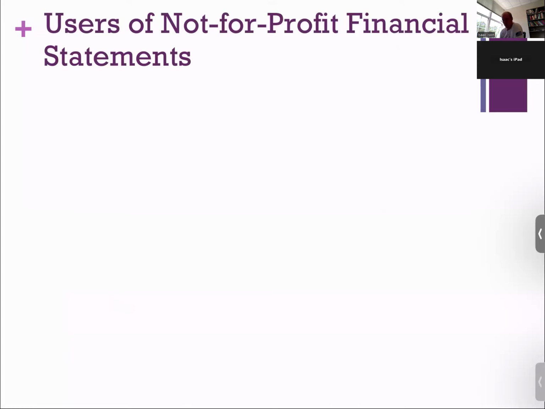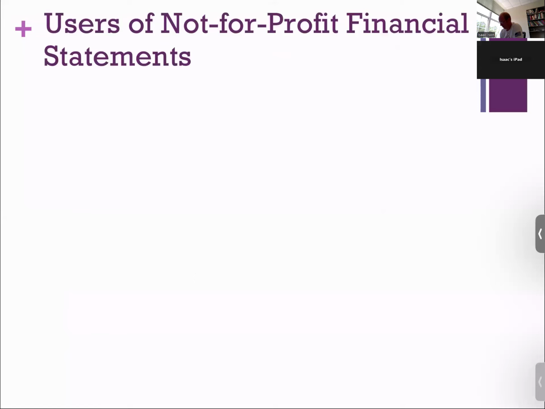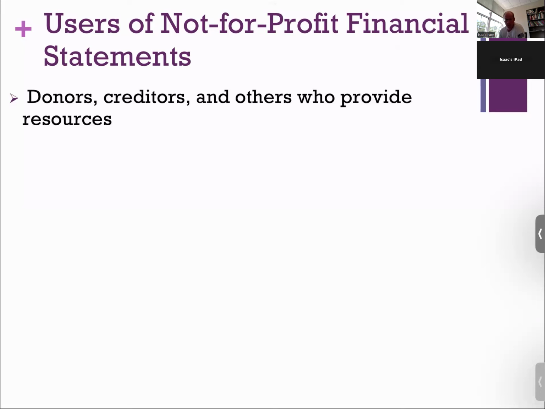Okay, so who is using this information? So primarily donors, right? Now it can be different types of donors. It could be individuals. It could be other nonprofits that are donating to a not-for-profit, or it could be governmental agencies, right?